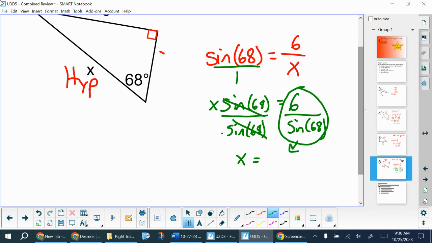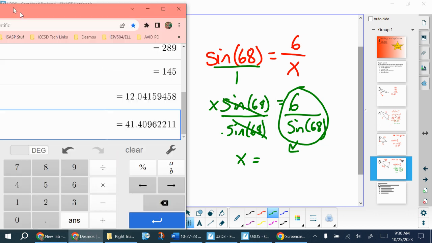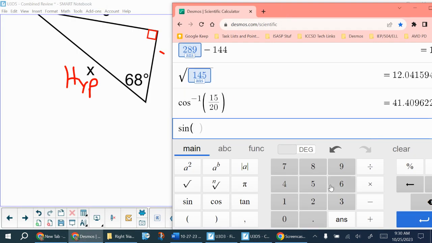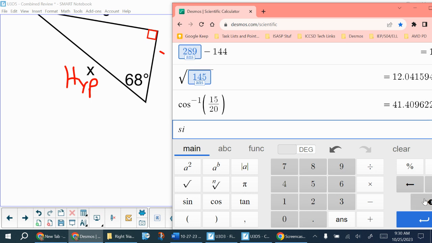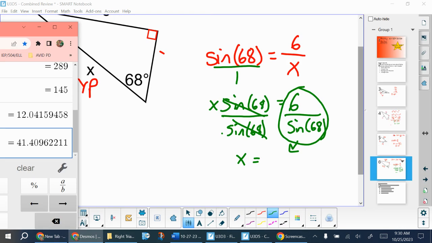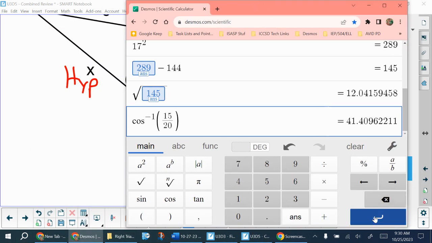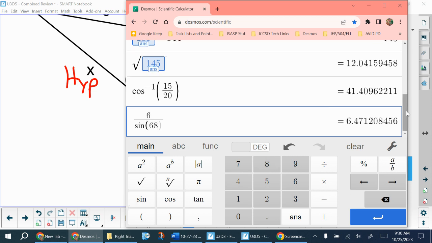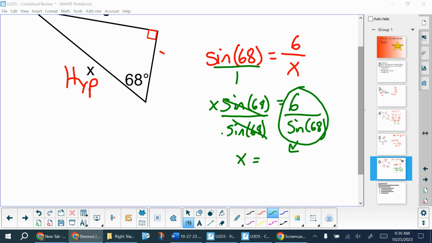So I will pull my calculator back over onto the screen if I can figure out where my mouse went. There it is. So I'm using normal sine of 68. Nope, sorry. I forgot what I wrote. 6 divided by sine of 68. Calculator says 6.47. So we're going to round that to 6.5.